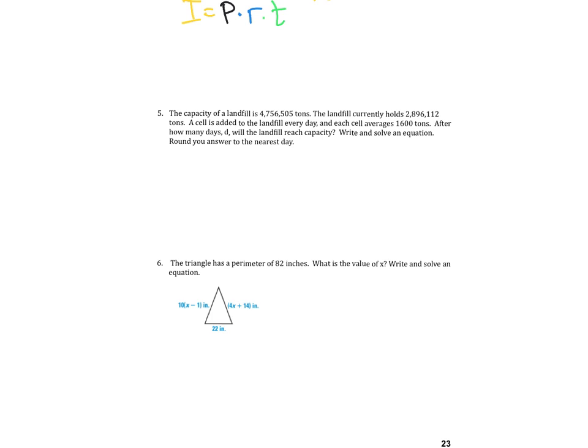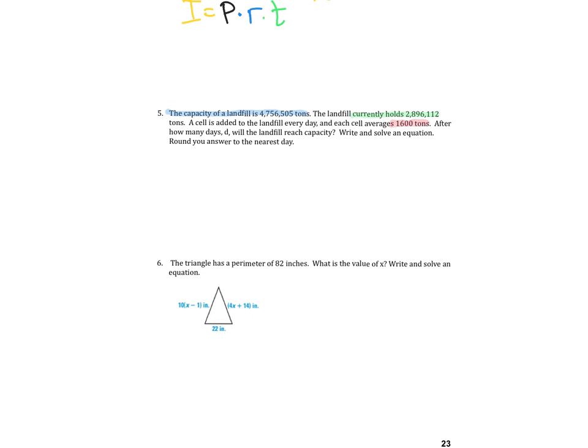All right, so this one's a little tricky because the numbers are so big. So let's just see here that the capacity, that's the total amount that it can hold, is this. It already has this amount. And then here's where the unit rate is. It's saying that a cell is added every day, and that cell has this much.